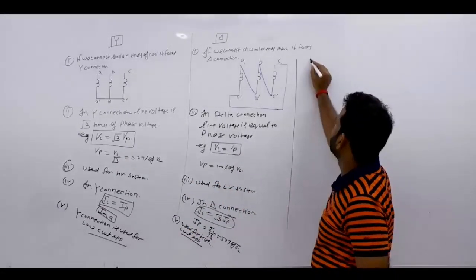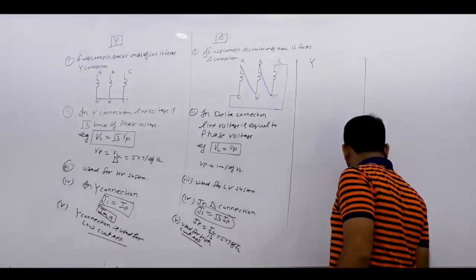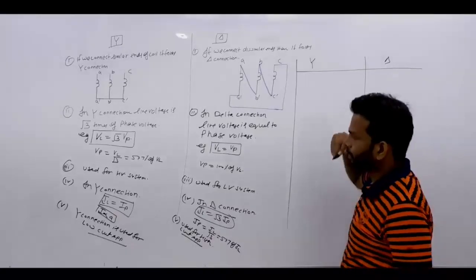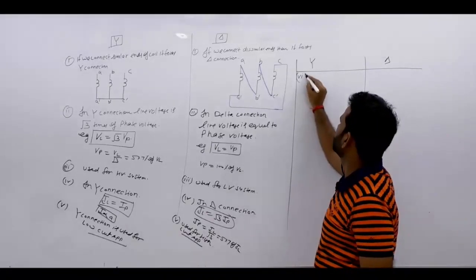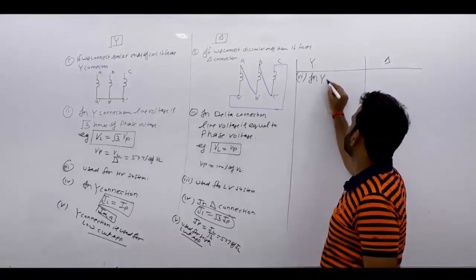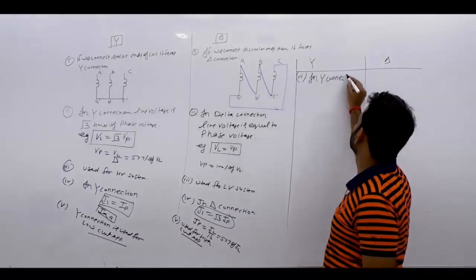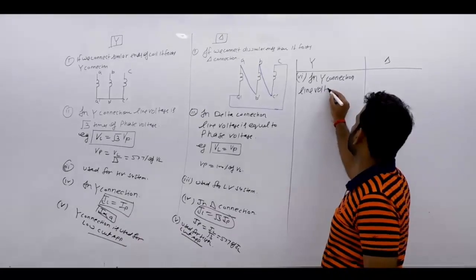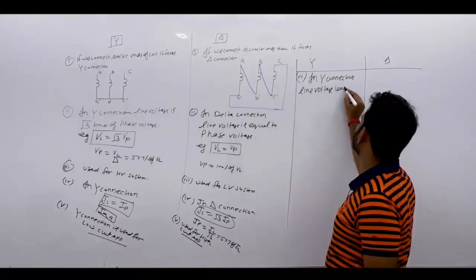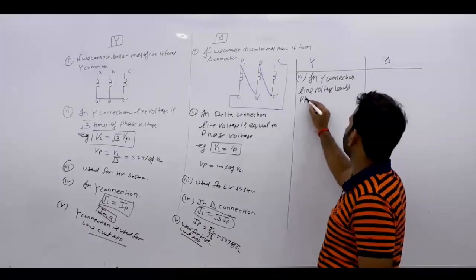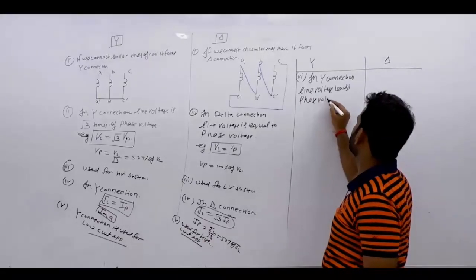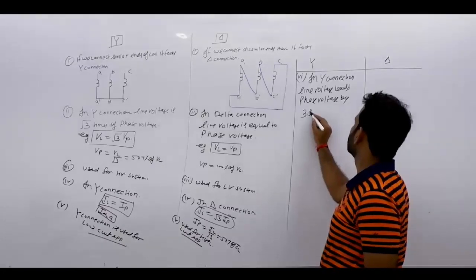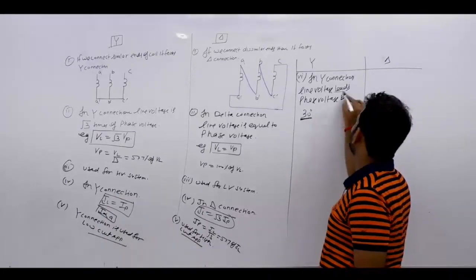So here we take star and here we take the delta connection. Now see the sixth point. In star connection, line voltage leads phase voltage by 30 degree. 30 degree is important and the word lead is important.